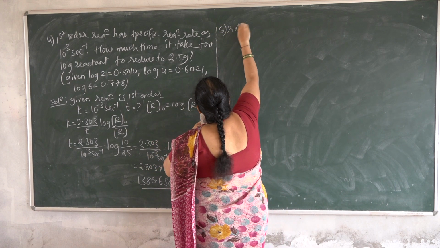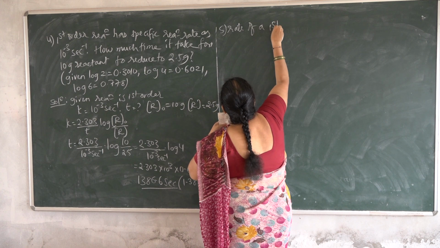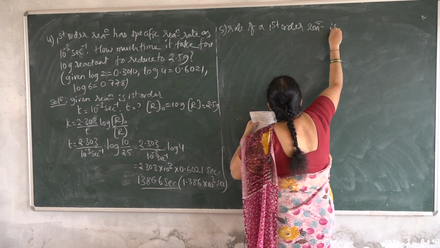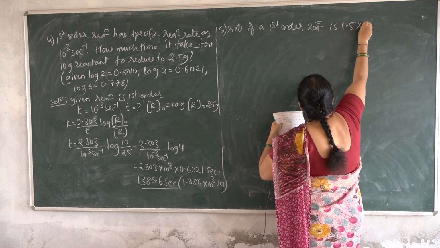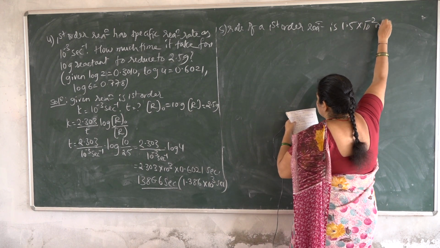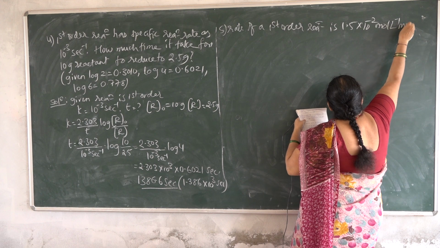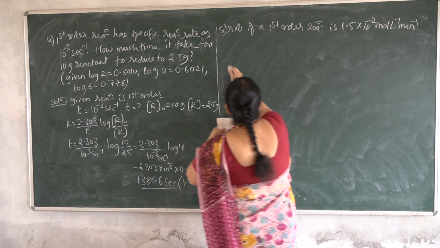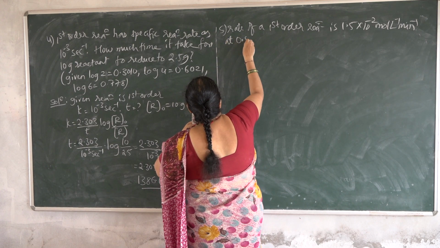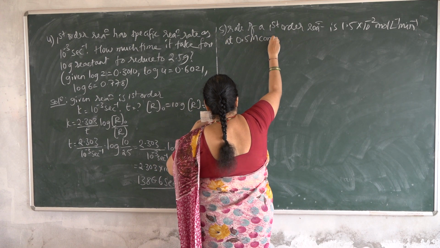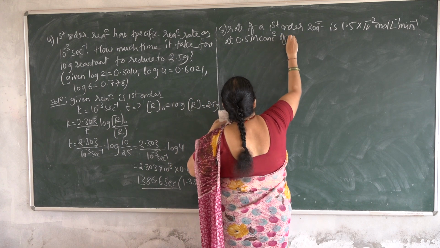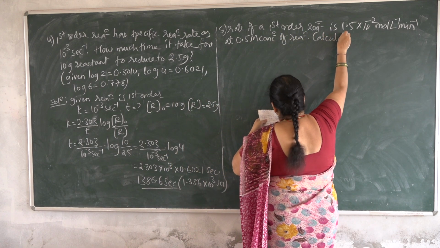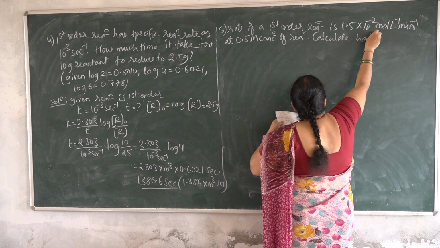The rate of a first order reaction is 1.5 into 10 raised to minus 2 moles per liter per minute at 0.5 M concentration of reactant. Calculate the half-life of the reaction.